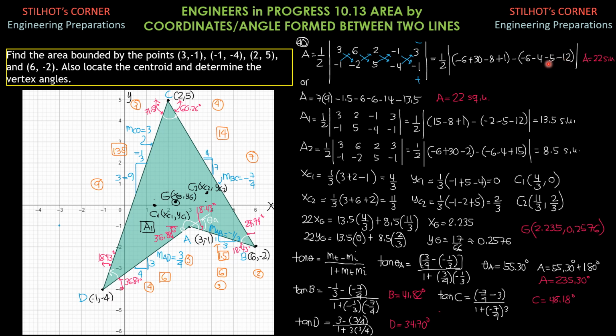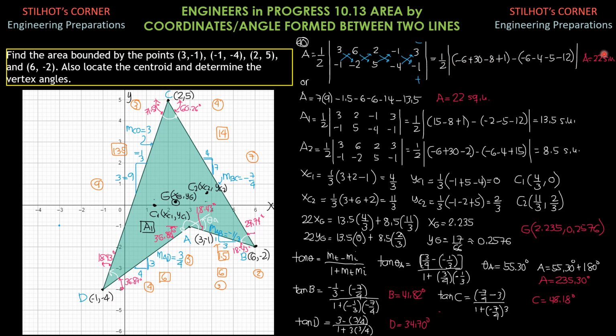So negative 12, negative 17, negative 21, negative 27, positive 27, 28 minus 8, 20 plus 30, 50, 50 minus 6 is 44, then 1/2 of 44 is 22 square units.